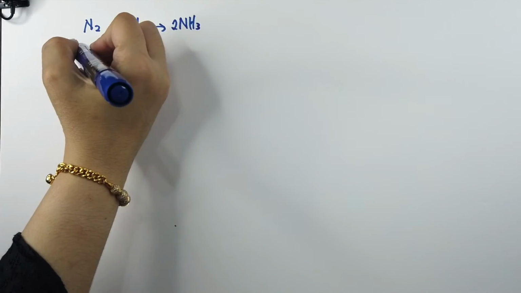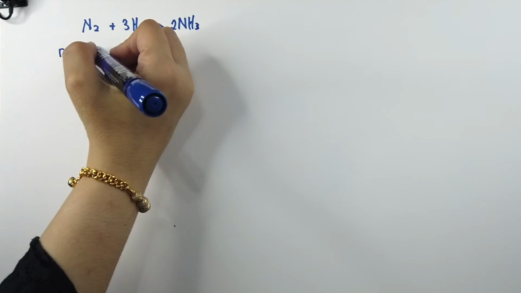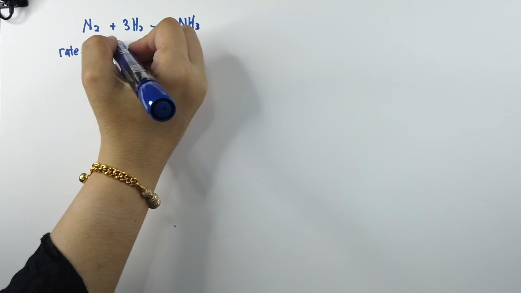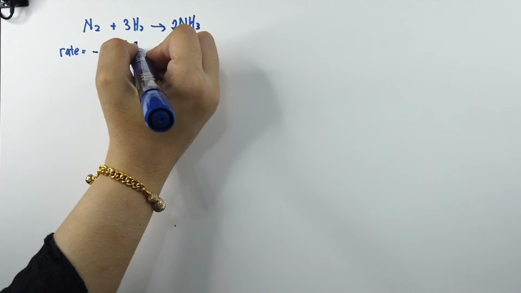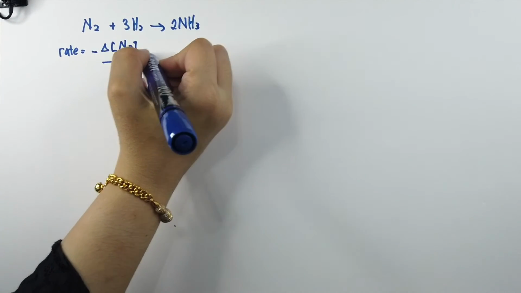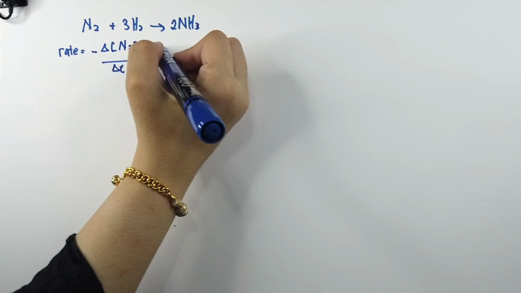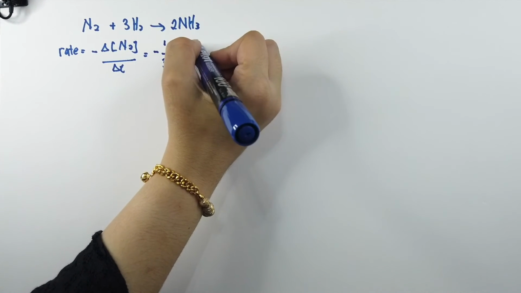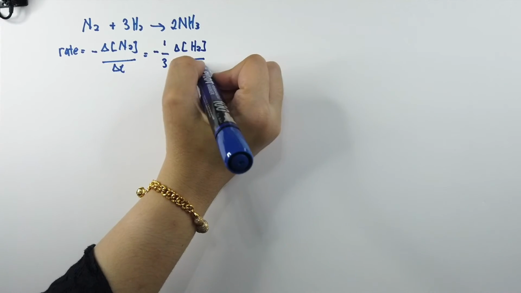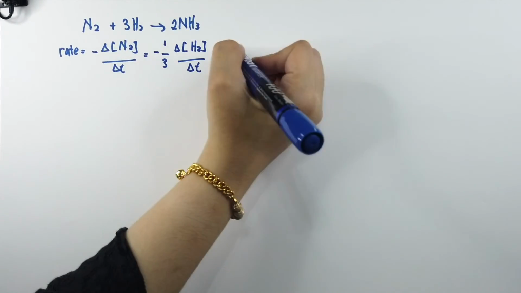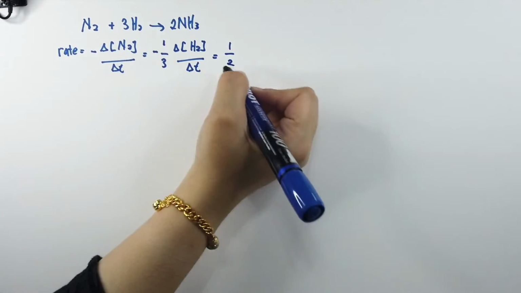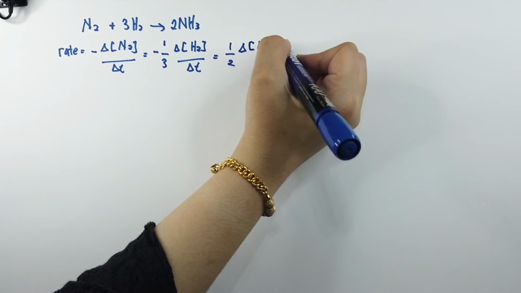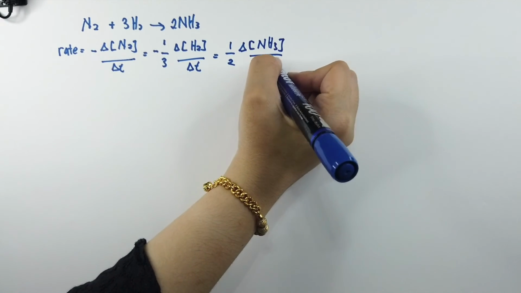So rate is equivalent to negative, because these are the reactants, negative delta concentration of N2 over delta t, equivalent to negative 1 over 3 delta concentration of H2 over delta t, equivalent to 1 over 2, because this is the product, so it should be positive, delta NH3 over delta t.